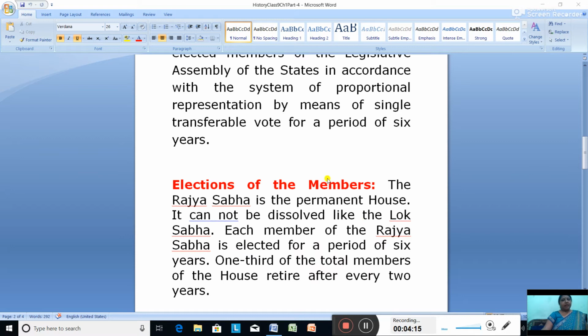Means you are making it clear that the Rajya Sabha is a permanent house and it can never dissolve like the Lok Sabha. Lok Sabha dissolves after every 5 years. But Rajya Sabha never dissolves because it is a permanent house.